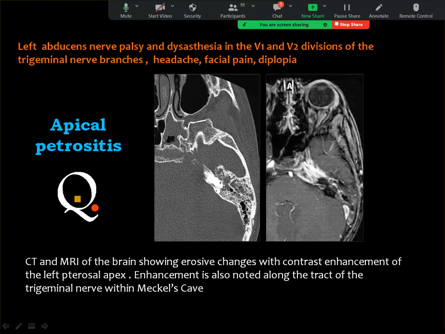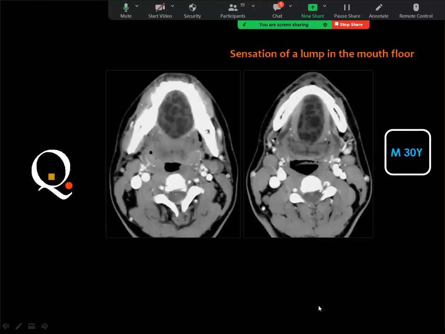This will include the abducens nerve palsy and some paresthesia in the distribution of the divisions of the trigeminal nerve.